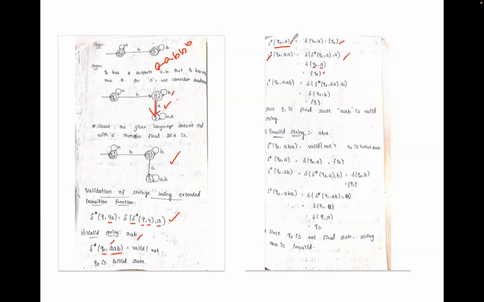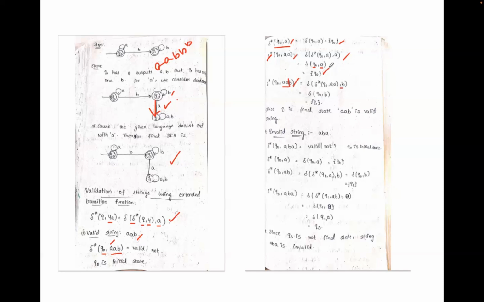Initially we considered only one character from the input, then two characters, now all three characters. This can be written as delta of delta star of Q naught comma the first two characters AA, and the last one separately. Delta star of Q naught comma AA is Q naught.